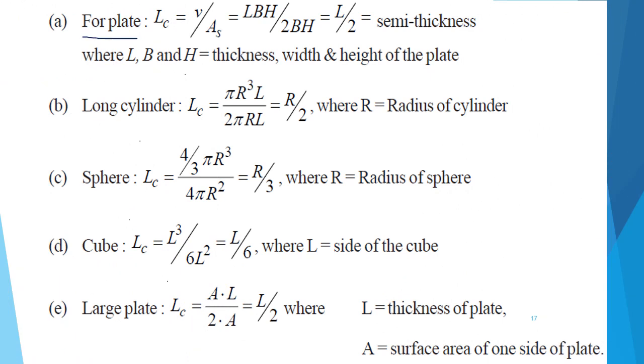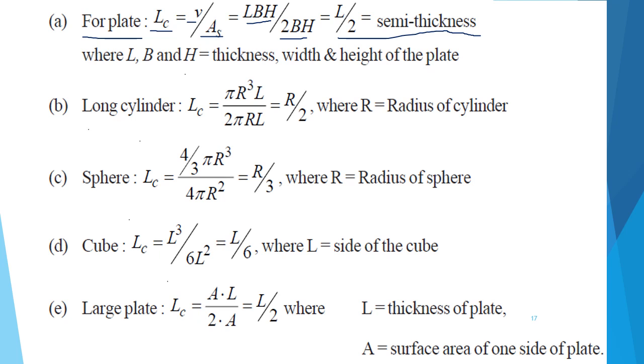You can see for the plate, characteristic length is the volume divided by surface area. So volume is LBH, surface area is 2BH. So what is the Lc value? Characteristic length, that is L by 2, that is semi thickness.